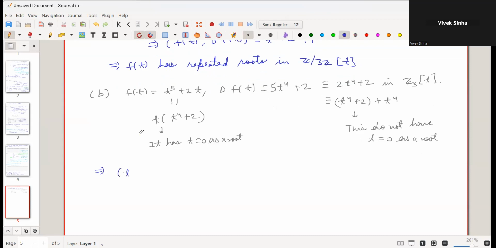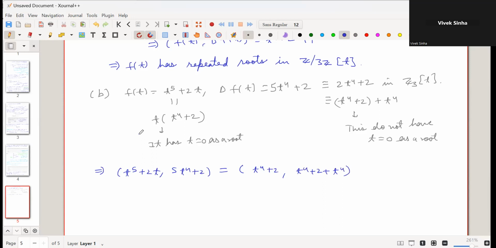This implies the GCD of t5 plus 2t and 5t4 plus 2 is the same as the GCD of t times (t4 plus 2) and t4 plus 2 plus t4.